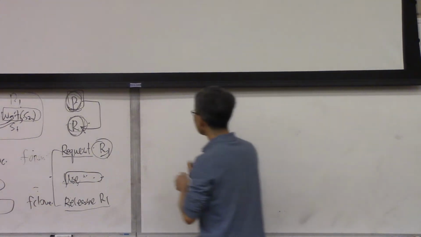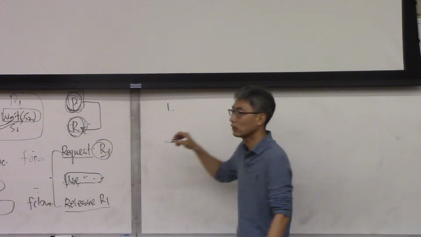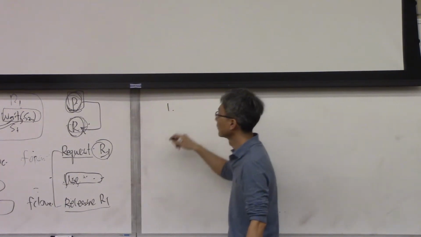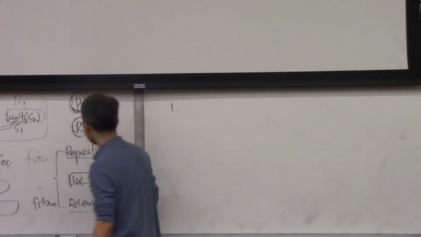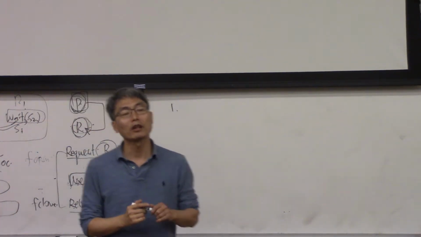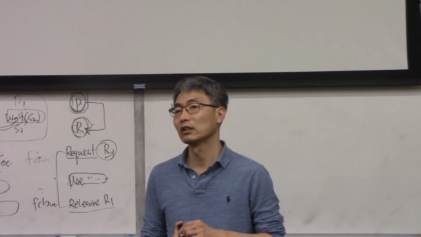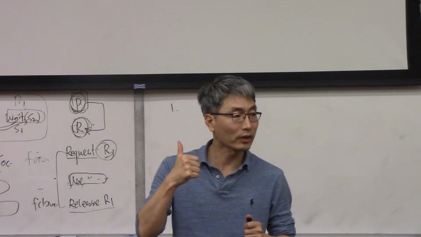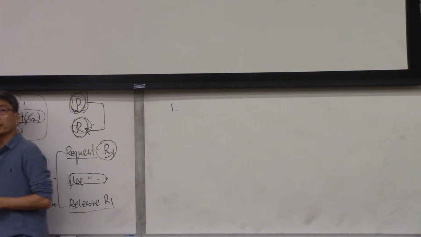So first, the resource. Where is the resource? This resource can be accessed, used by how many processes? Only one process, right? So if you allow multiple processes to access the shared data, there might be no problem.